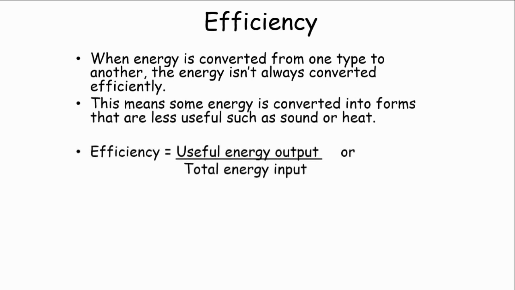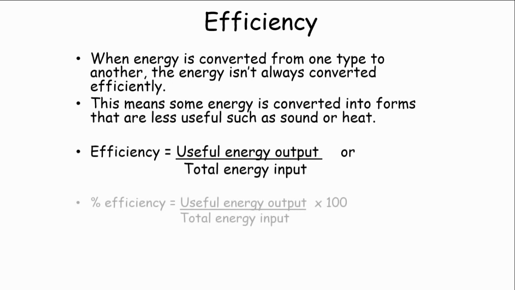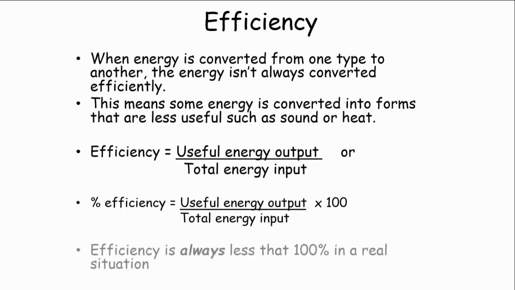Efficiency is calculated as useful energy output divided by total energy input. Or you could do it as a percentage. Percentage efficiency is useful energy output divided by total energy input times 100. Now, efficiency is always less than 100% in a real situation. Never will it be 100%.